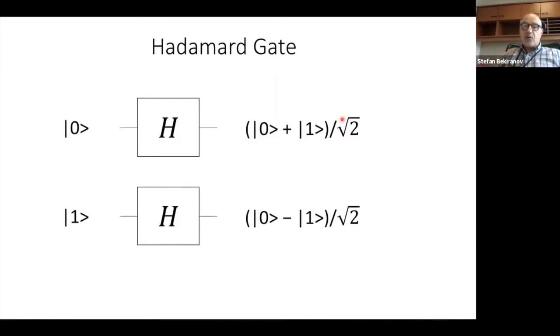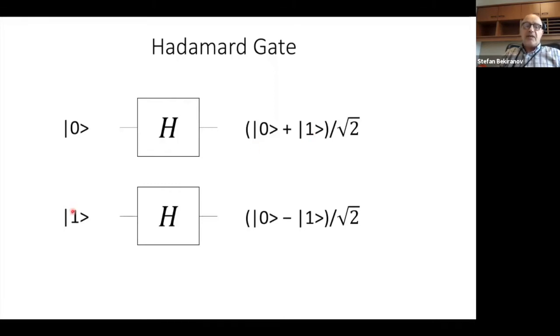So when I square the 1 over square root of 2, I get 1/2. So I've put the 0 state in a state such that it's either in state 0 or 1 or both with probability of 1/2. Okay? That's what the Hadamard gate does, and that's the interpretation of superposition at the same time.